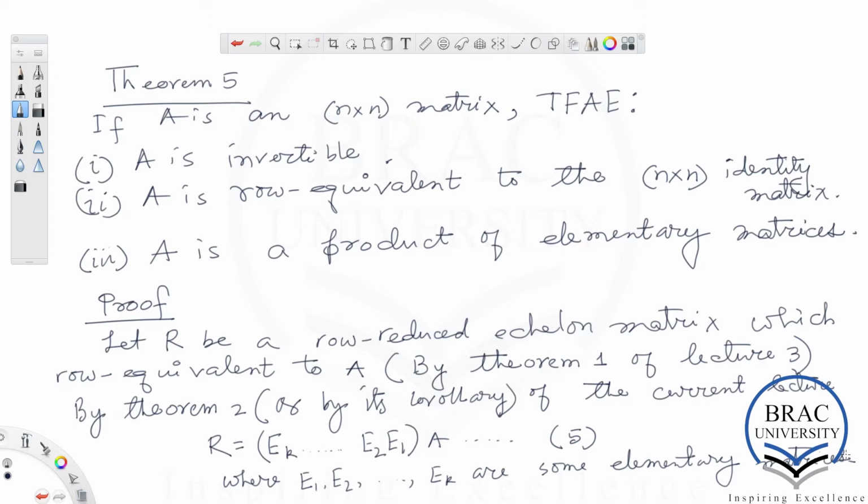So we can find a number of elementary matrices satisfying equation number 5, since R is a row reduced echelon matrix which is row equivalent to the given matrix A. Okay, good.